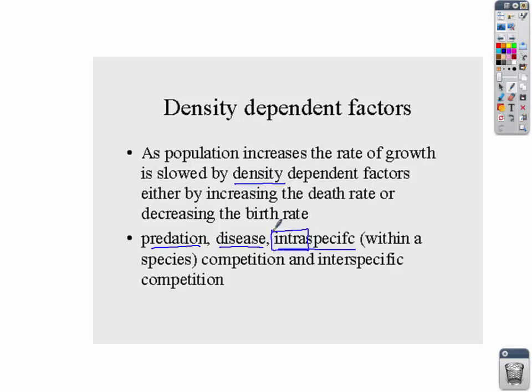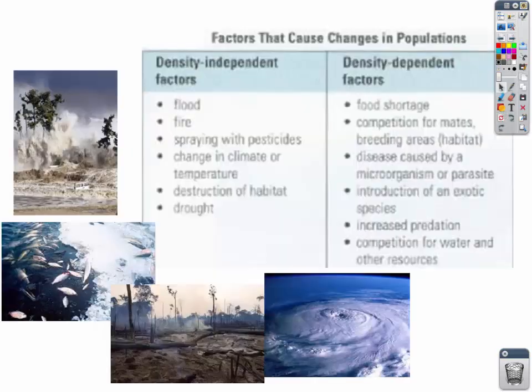Intraspecific competition is competition within a species. And then there's also interspecific competition, competition between different species. So those are two very important terms, but they're also examples of density-dependent factors, things that bring a population down because of the population density.